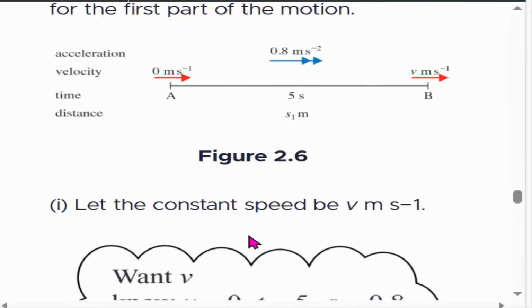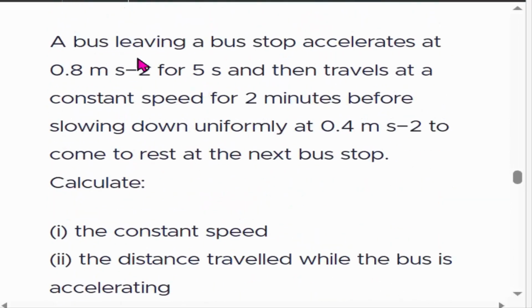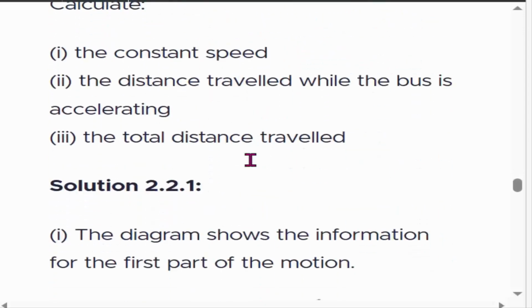So please look at the question again. It travels with 0.8 meters per second squared acceleration for 5 seconds and then travels at a constant speed for 2 minutes. So when it reaches the velocity v, which is the 4 meters per second that we found just now, it will have a constant speed for 2 minutes before it starts decelerating.